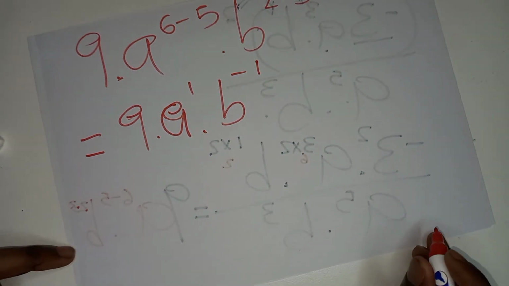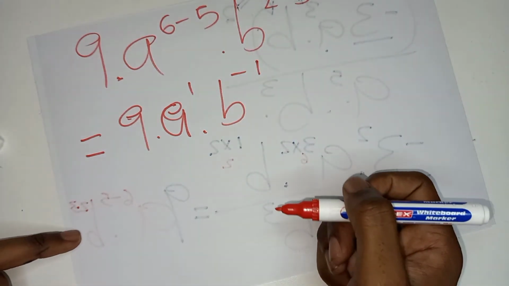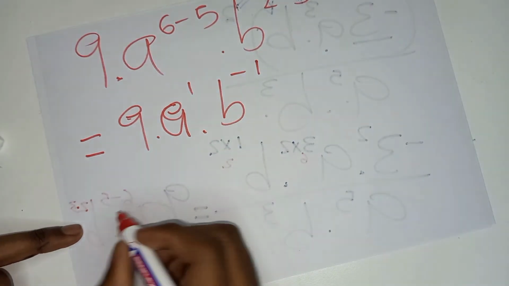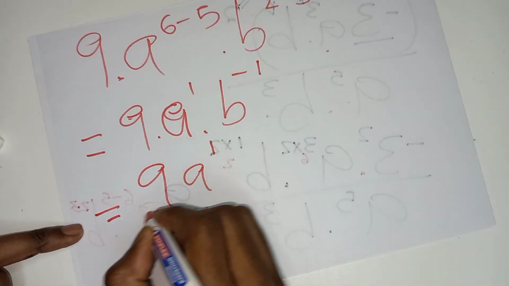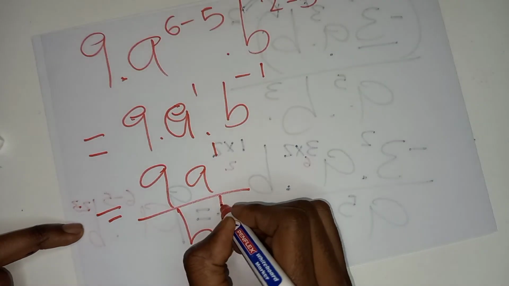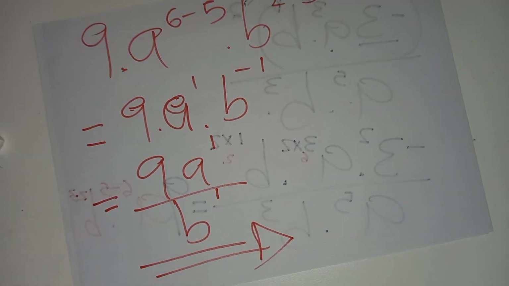And now remember, any number that has a negative exponent, you can write it as 1 over. So you can have it as 9a to the exponent of 1 divided by b to the exponent of positive 1, like so. And this is your answer.